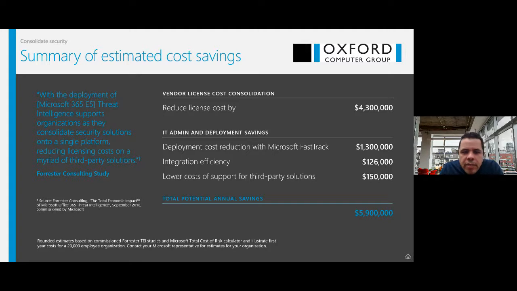IT admin and deployment savings, so deploying with, for instance, utilizing Microsoft Fast Track, helped reduce costs by $1.3 million. Integration efficiency saved $126,000, and the lower costs of support for third-party solutions was reduced by $150,000. So the potential annual savings in this scenario came out to be $5.9 million. So certainly a compelling reason to take a closer look at consolidating on the Microsoft security stack.